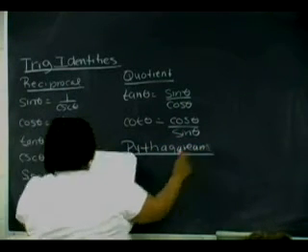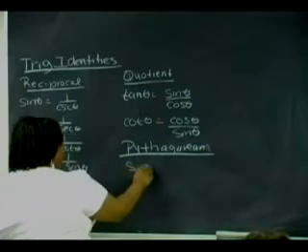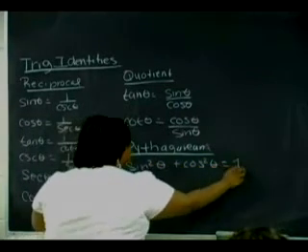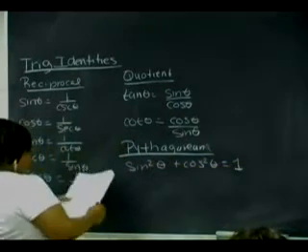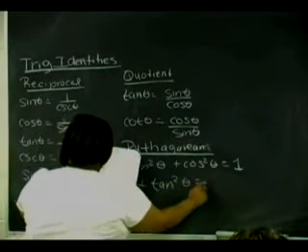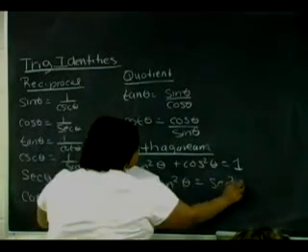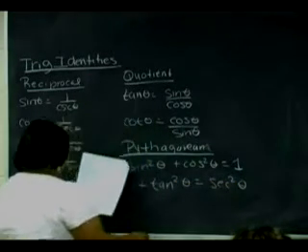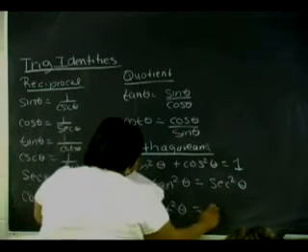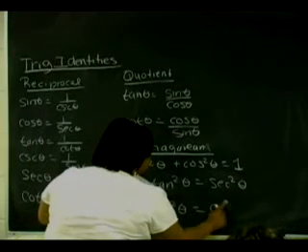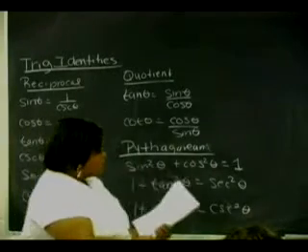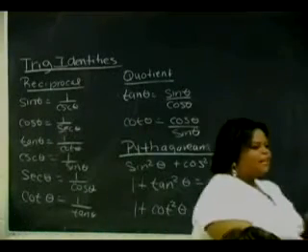That states sine squared theta plus cosine squared theta equals 1. 1 plus tangent squared theta equals secant squared theta. And 1 plus cotangent squared theta equals cosecant squared theta.